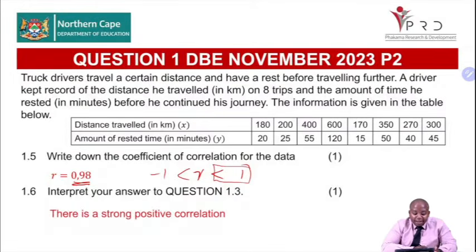So my interpretation will be that there's a strong positive correlation. Remember, when I go closer to +1, I have a strong positive correlation, and when I go closer to -1, I have a strong negative correlation. So here R was positive 0.98, which is closer to +1.